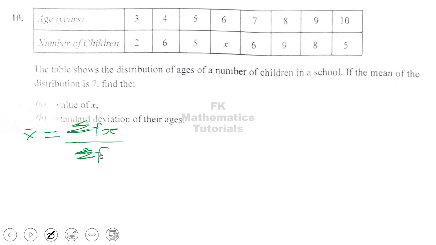So we're given the mean to be 7. So 7 will be equal to, we need to times the frequency by the ages. So 2 times 3 is 6. Then we sum all of them. So 4 times 6, that will give you 24. 5 times 5 is 25.